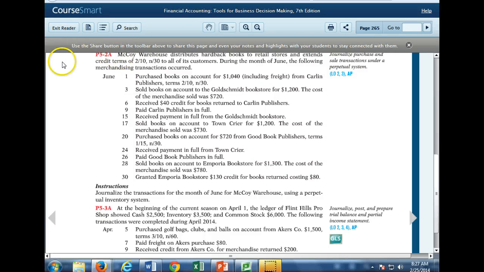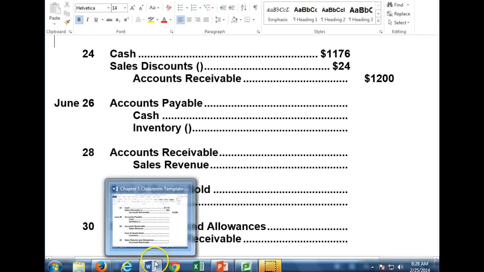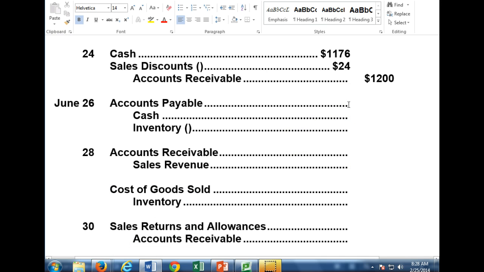Okay, so as we move on, we did the 24th transaction. Now we paid Good Book Publishers in full on the 26th. How much do we show we paid Good Book Publishers? Billy, what did we pay Good Book Publishers June 26th?